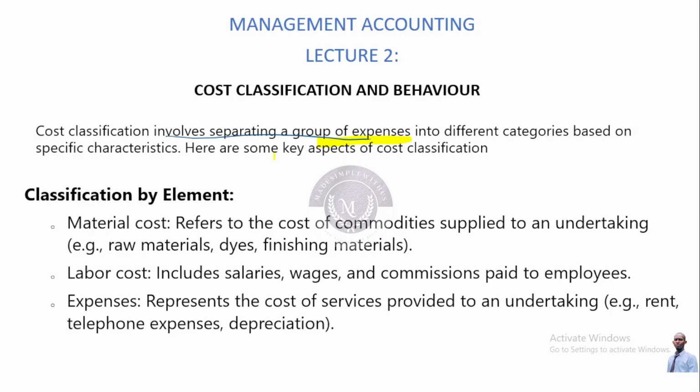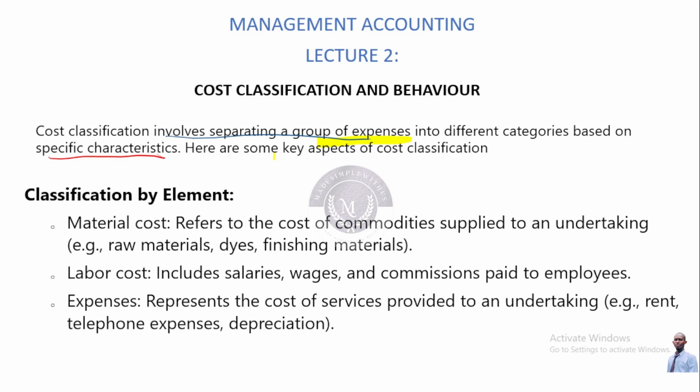Based on what? Their specific characteristics. So we can classify cost based on different characteristics: their elements, their nature, their function, their behavior.